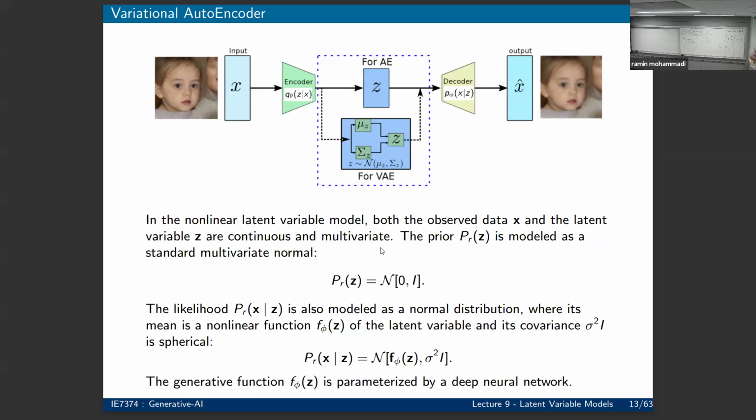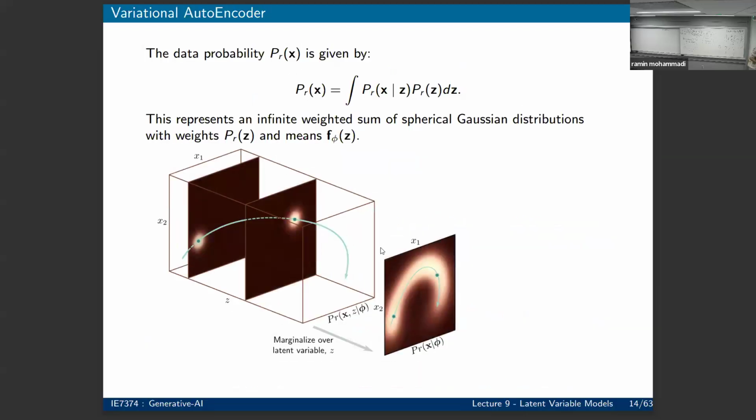So you see the term probability of X given Z.